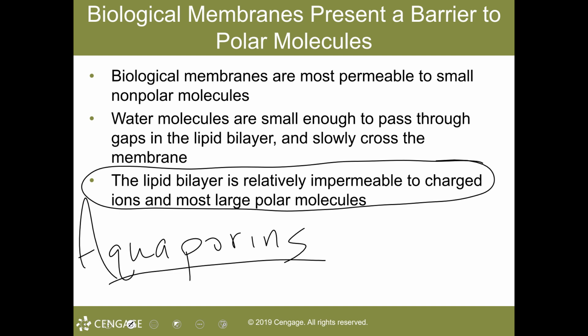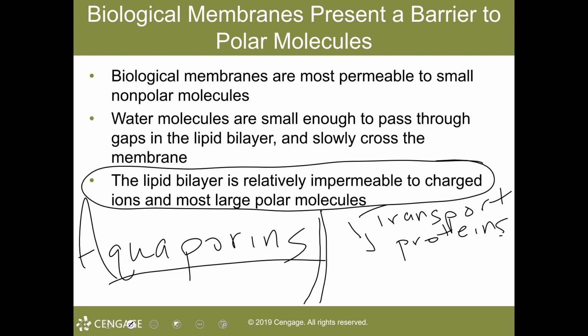So the way in which those things are able to pass is by way of transport proteins. Transport proteins, by and large, allow these molecules to enter into the cell. I'm putting this double line here because this is different.